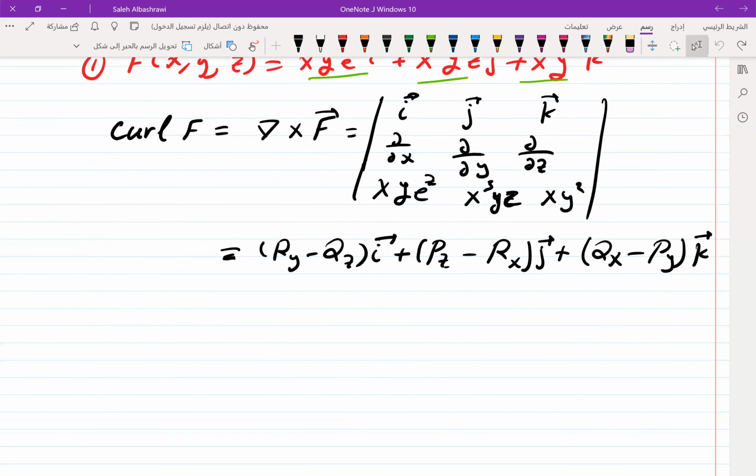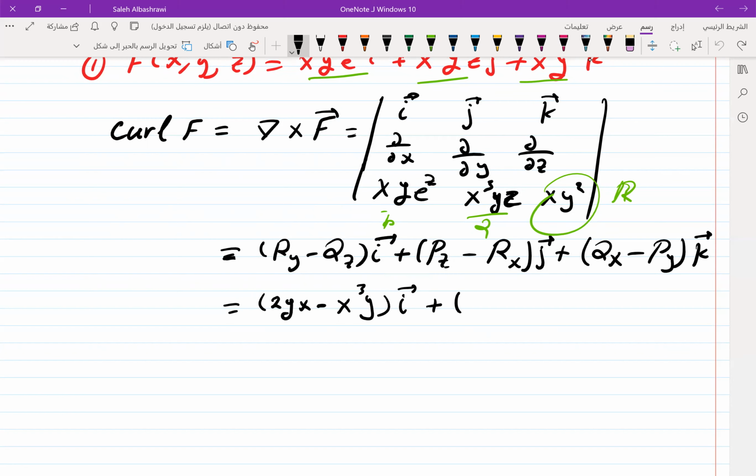Now this is R, Q, and P. Differentiate R with respect to y. If we differentiate with respect to y, it means keeping x constant. So this is 2yx minus Q sub z; differentiate the second one with respect to z, that will give me x to the power 3 y. This is the i component.